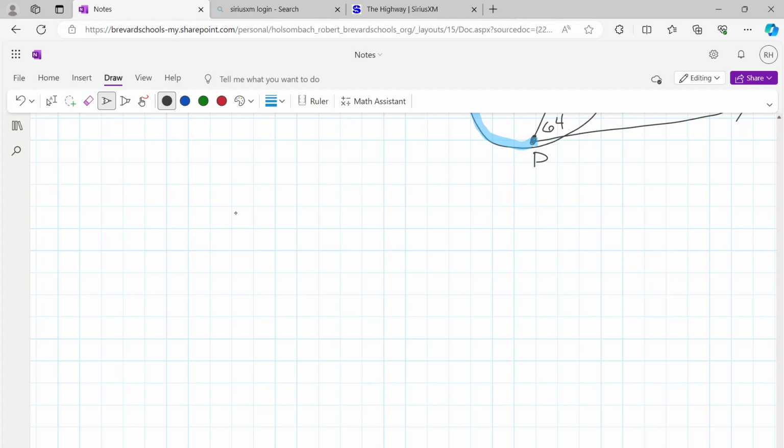So here's what they mean by that. Here's the first situation we've got. We've got a circle and two secants.